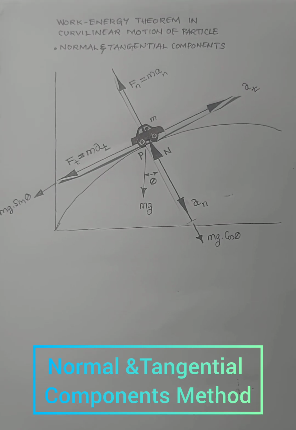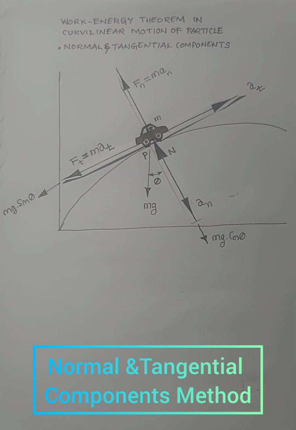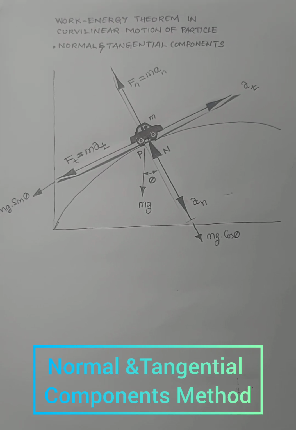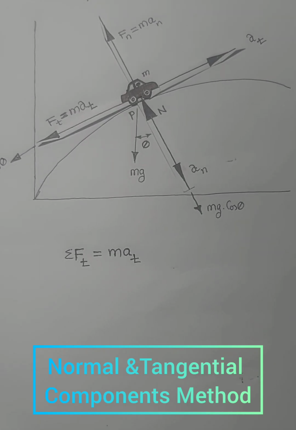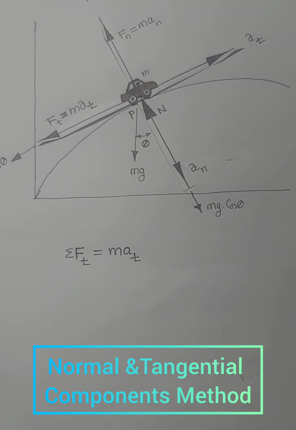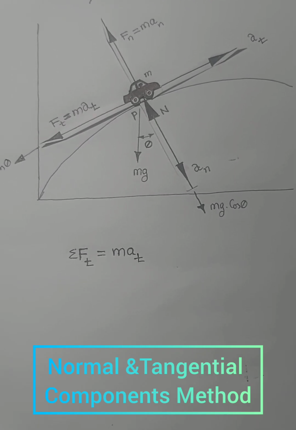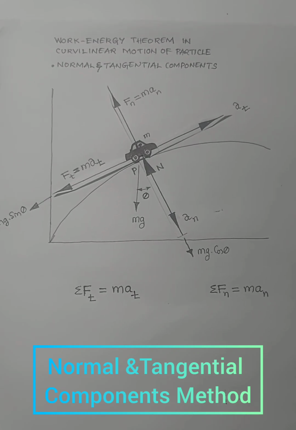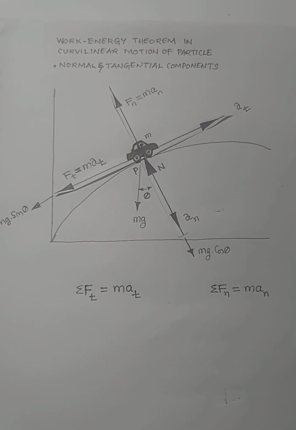When you write the equations of dynamic equilibrium along the normal and tangential directions, we get summation of forces along the tangential direction exactly equal to mat, and summation of forces along the normal direction equals man.